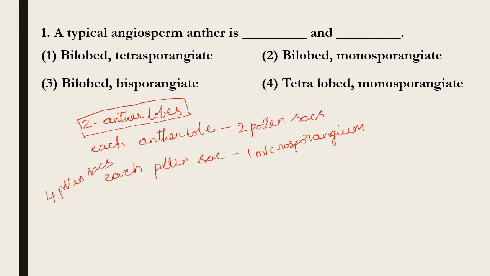Each pollen sac consists of one microsporangium, so 4 pollen sacs consist of 4 microsporangia, nothing but tetrasporangiate. So a typical angiosperm anther is bilobed and tetrasporangiate. The correct answer is option 1.